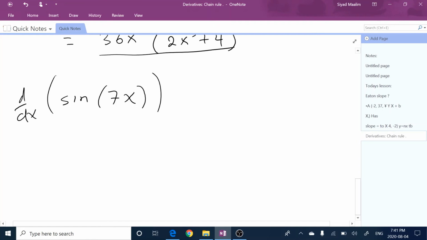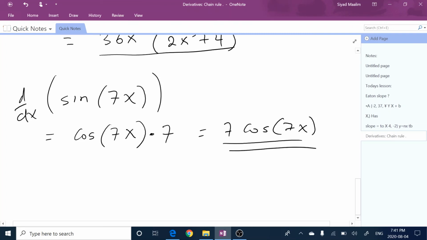Same thing. The derivative of sine is cos of whatever is inside the bracket, keep it the way it is, multiplied by the derivative of 7x. The derivative of 7x is just 7. So this will give me 7 cos of 7x.